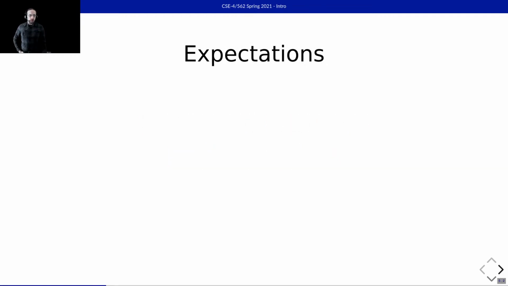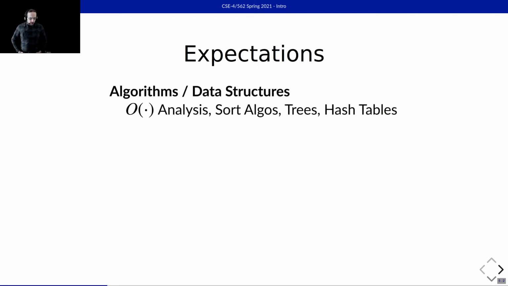What do I expect of you? First off, I expect that you have at least some background in algorithms and data structures. At a minimum, you should be able to look at an algorithm and tell me what its worst case complexity is. I also expect at least some familiarity with sort algorithms, tree structures, hash tables, the basic data structures that form the bulk of CS.